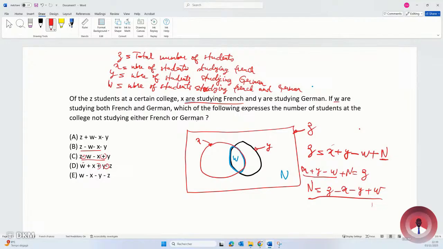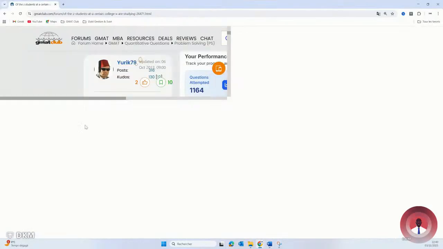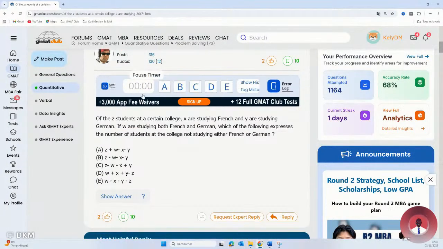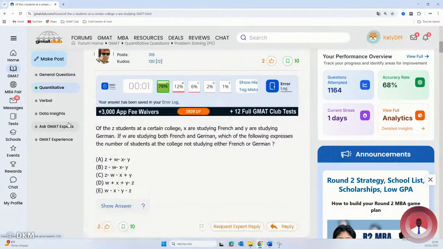No, this is also not our answer. So the answer seems to be answer A. So now let's come back to GMAT and confirm if that's the correct answer or not. So we said answer A, which is the correct answer.